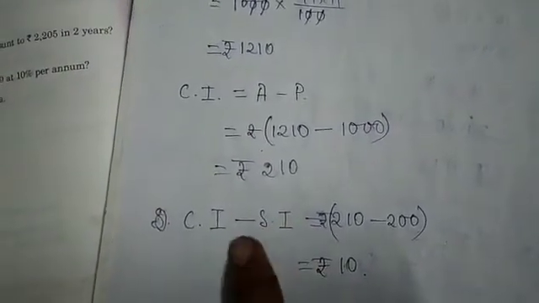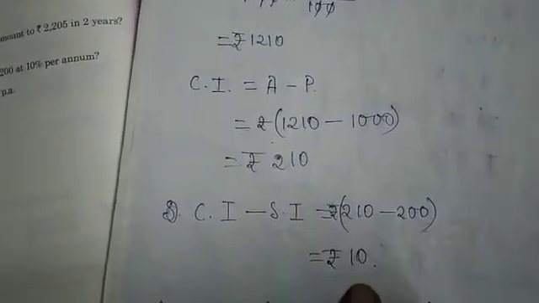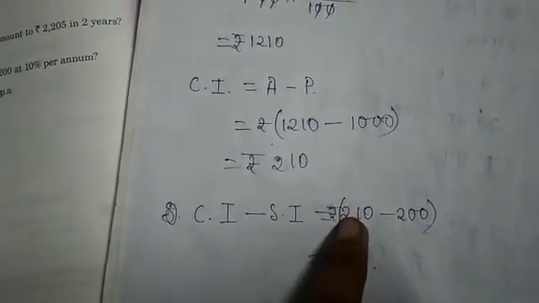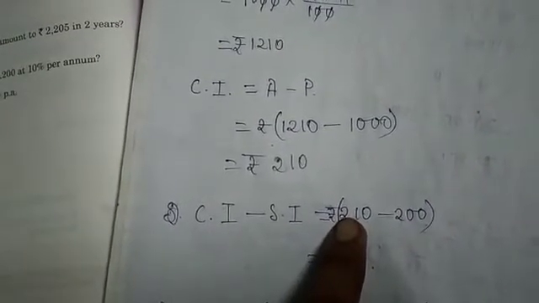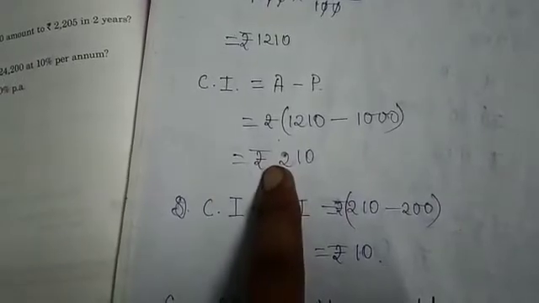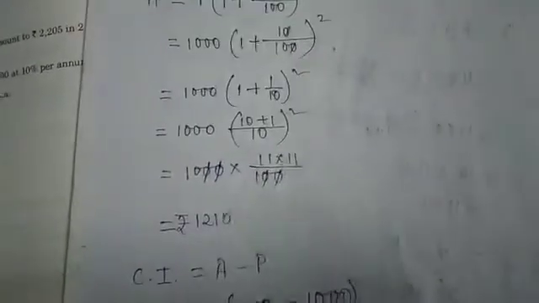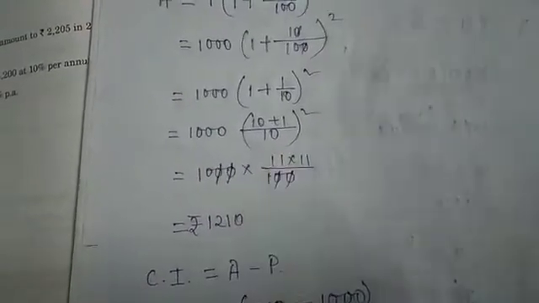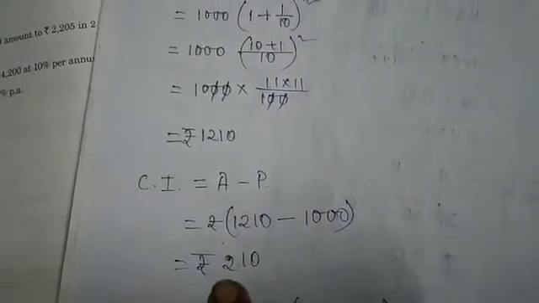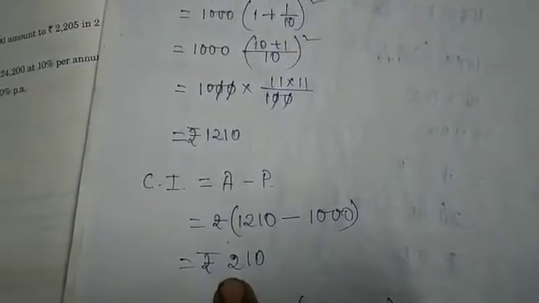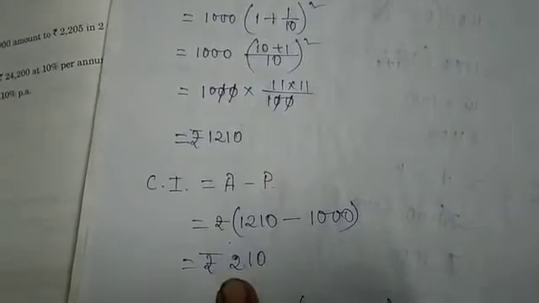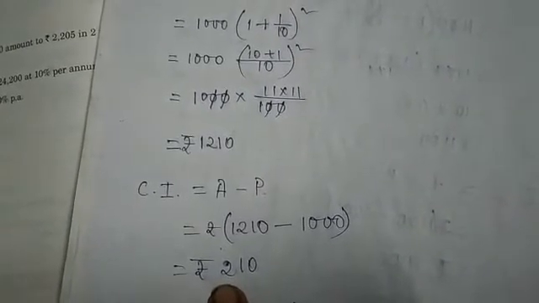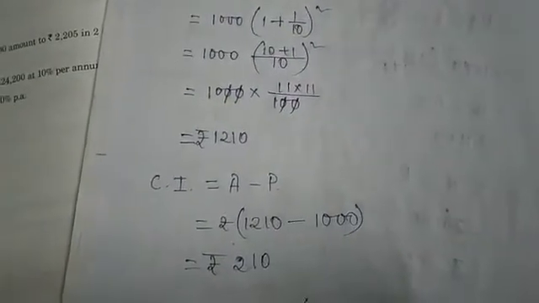So see, the difference between the two is 10. Simple interest was 200 and compound interest is 210. The years are the same. For 2 years it is giving a compound interest of 210. We have to pay compound interest of 210, and on simple interest it is 200.